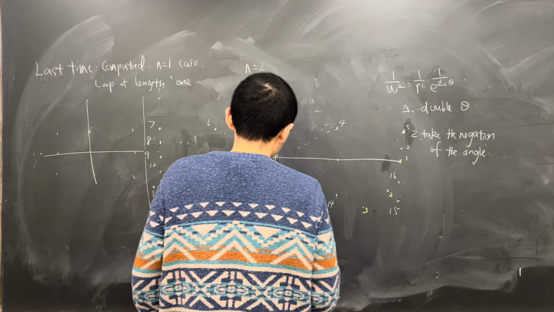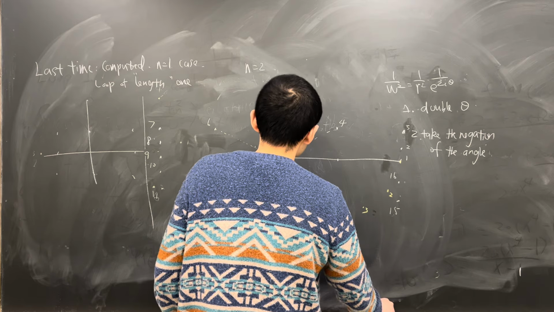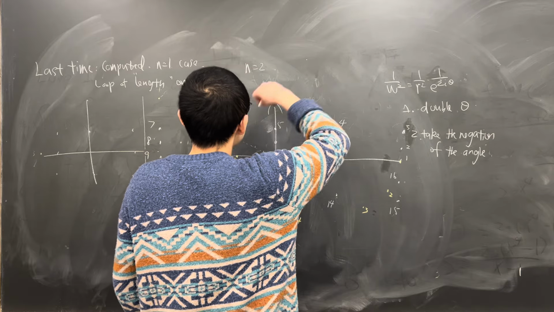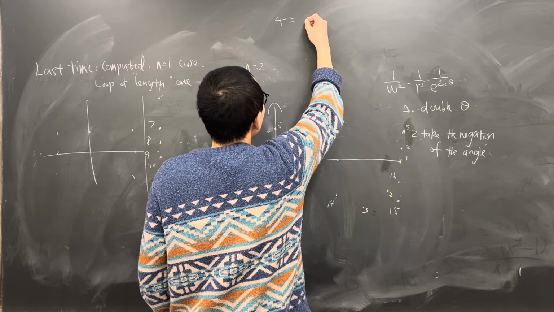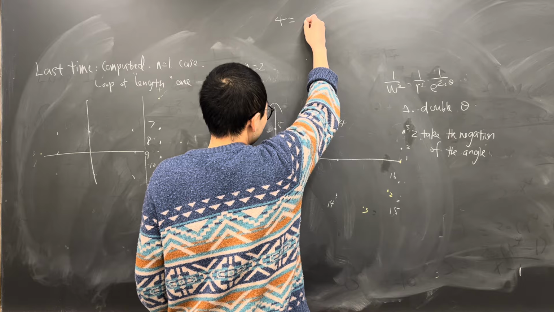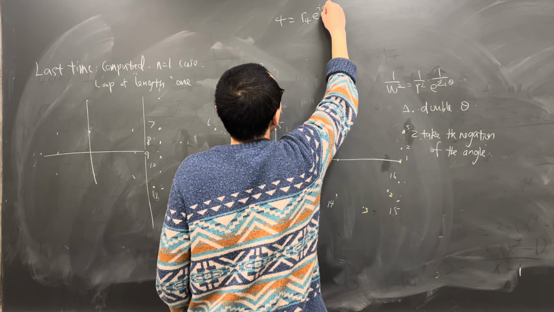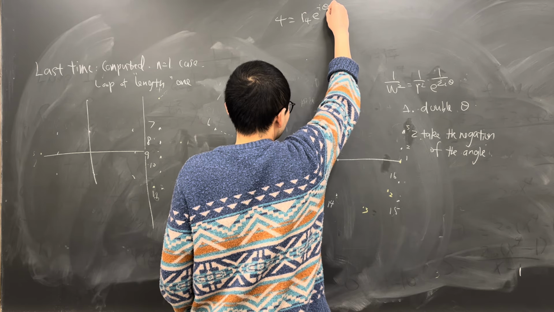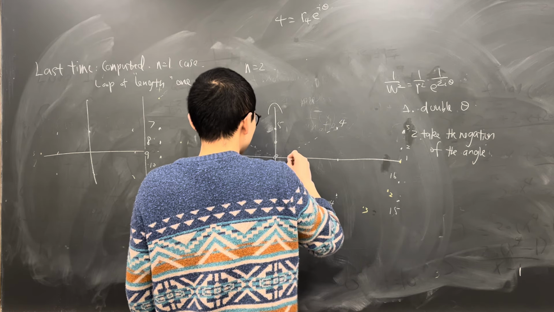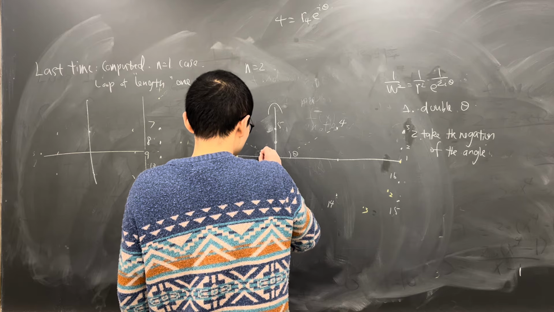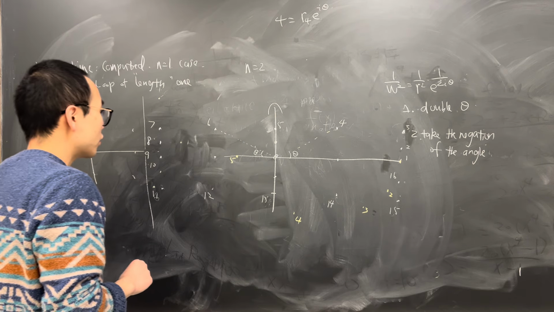So for this 4 here, let's do some computation. Let's say 4 is equal to some radius, r sub 4 e to the i theta. And then for the 6, this is theta, so it's here, this is also theta, right?